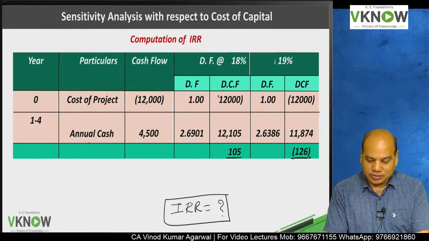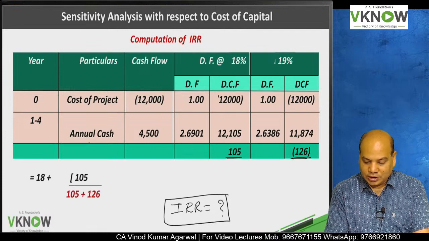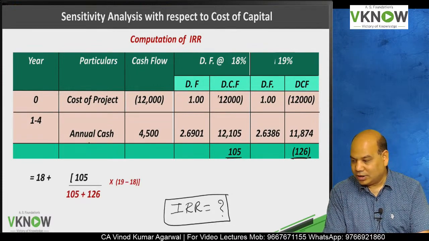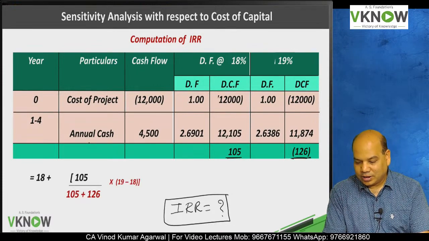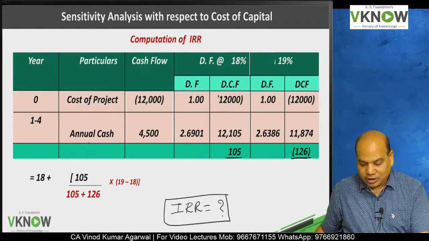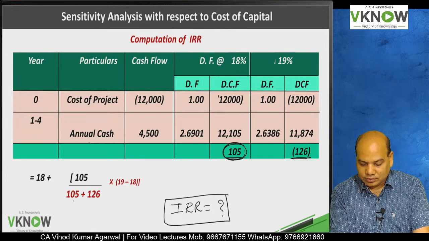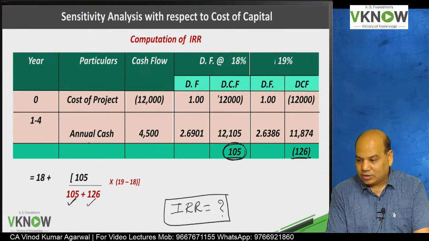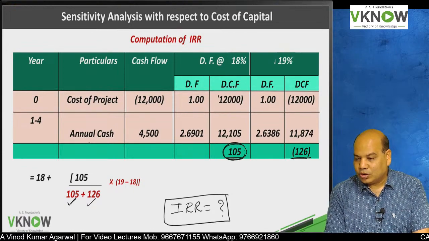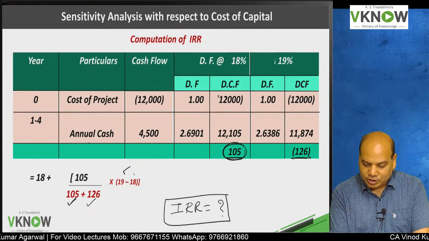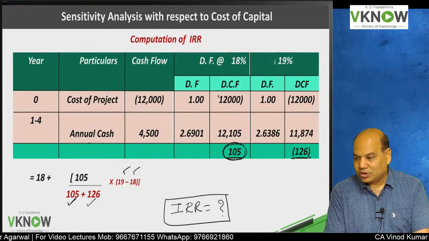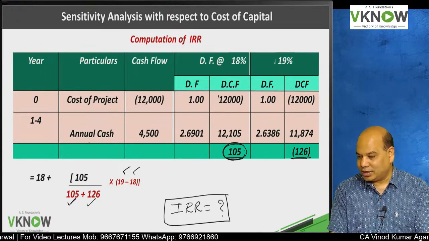So you will write like this: 18 plus, in bracket, 105, NPV at lower discount rate, upon the difference between NPV at lower discount rate and NPV at higher discount rate, into the difference between the two discount rates, 19 and 18.